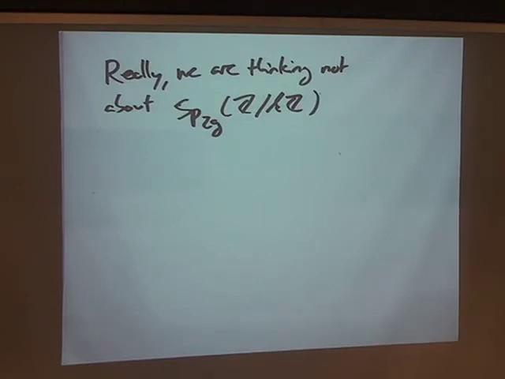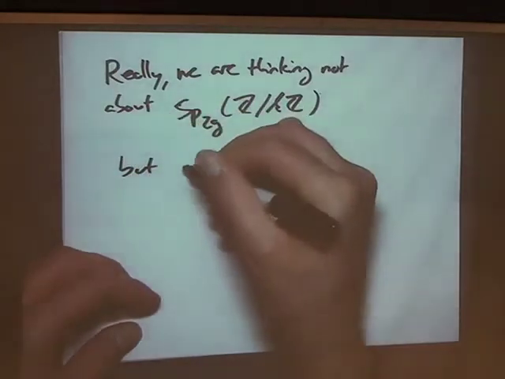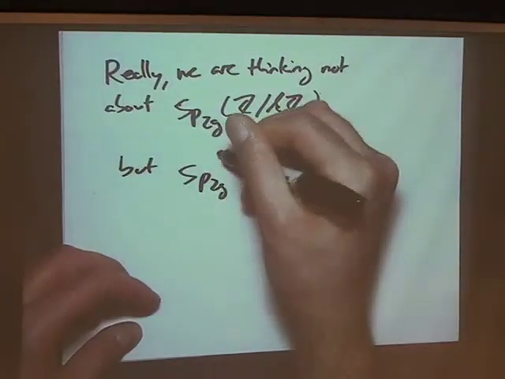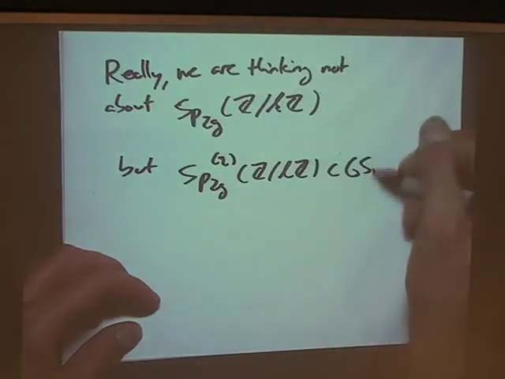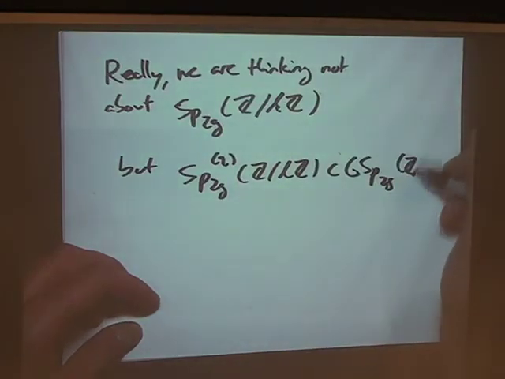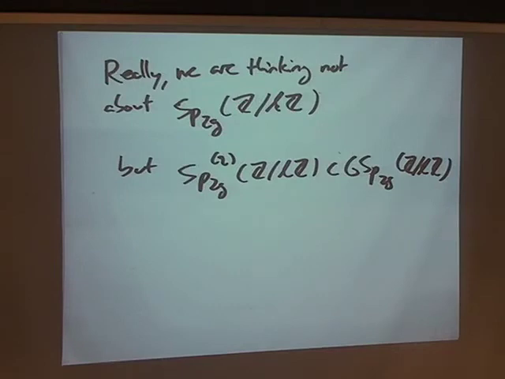So what you might call a certain coset of Sp_2g inside GSp_2g, namely the coset of elements which multiply the symplectic form by q.